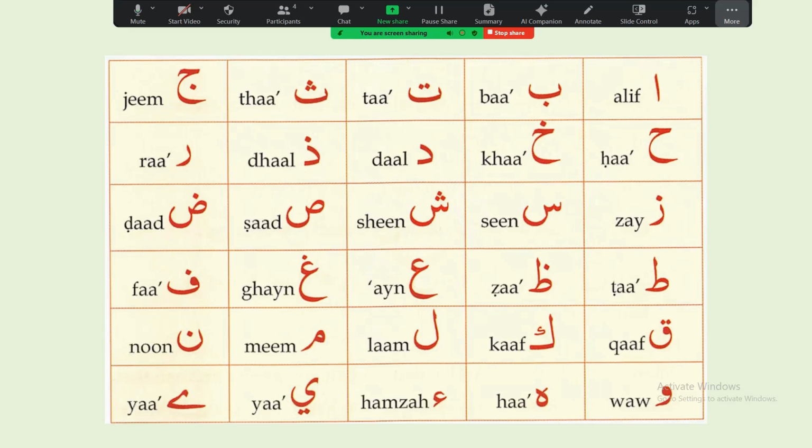Also, another thing I mentioned in the previous sessions was that you were supposed to write the letters as well. We covered 5 letters or 6 letters or 8 letters a day, and I said that, sisters, kindly write these alphabets side by side. Just practice these as well by writing them.